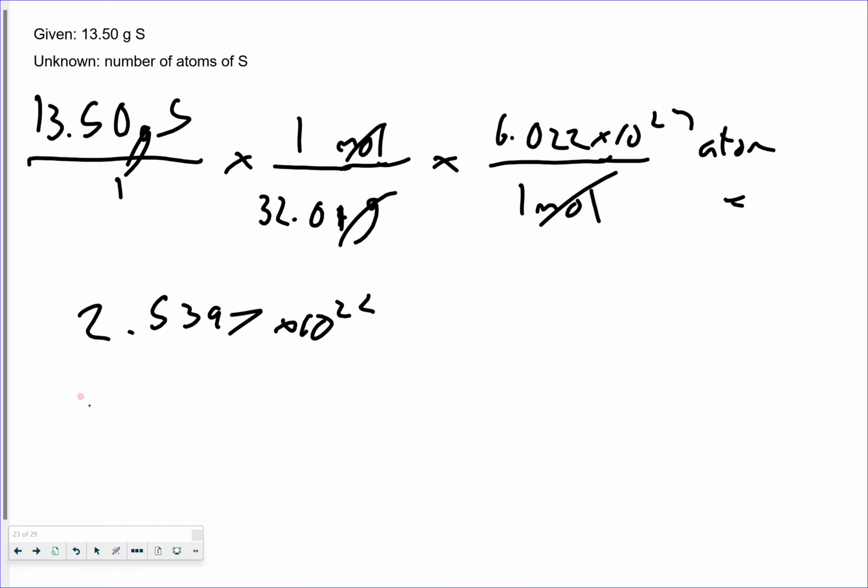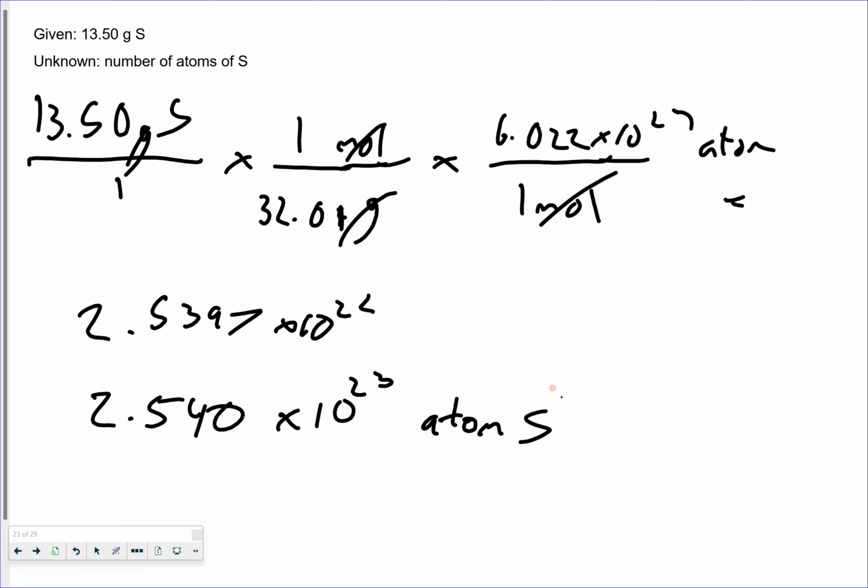For sig figs, it's 2.540 times 10 to the 23rd atoms of sulfur.